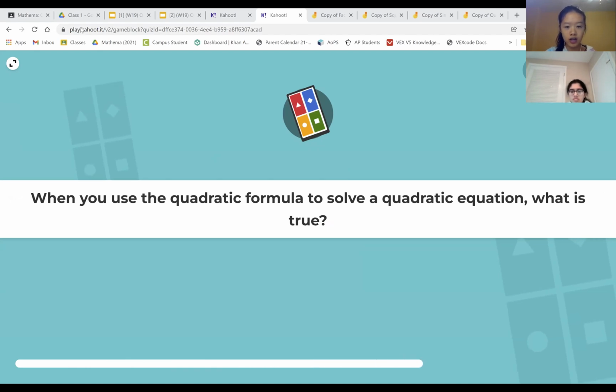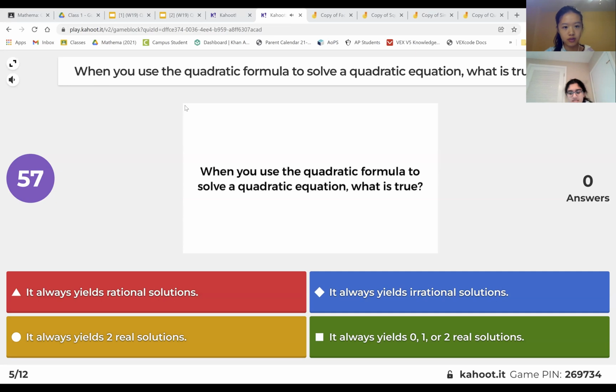Okay, when you use a quadratic formula, what is true?